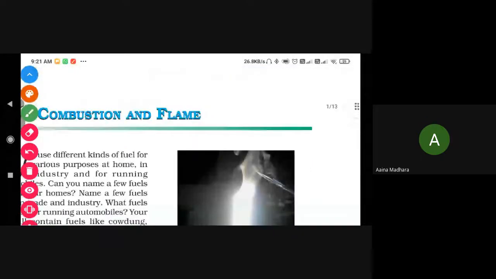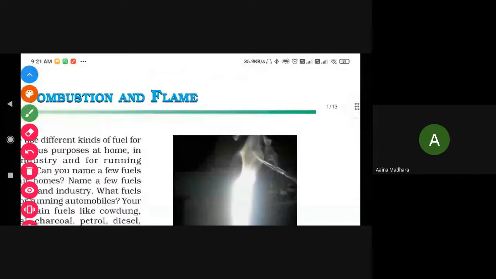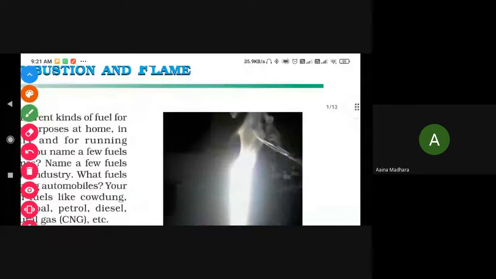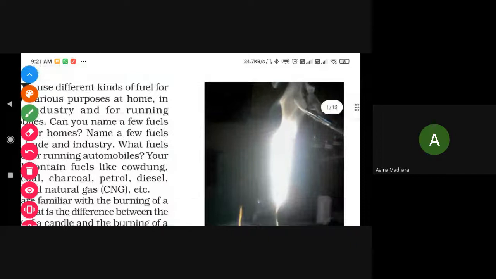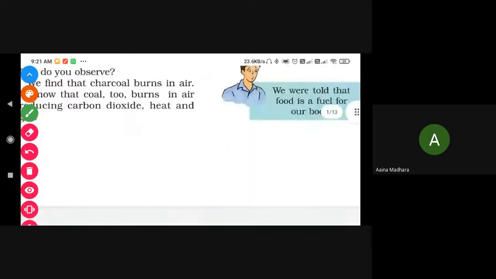The tool by which the man is holding the ribbon is called tongs. This is nothing but tongs, okay? Understood? This is a pair of tongs. Now you know what tongs are?